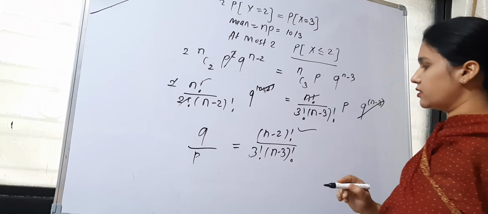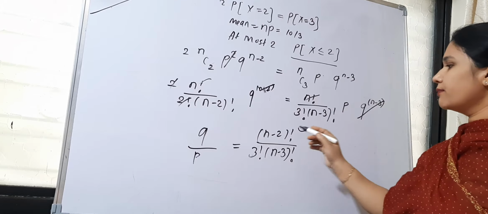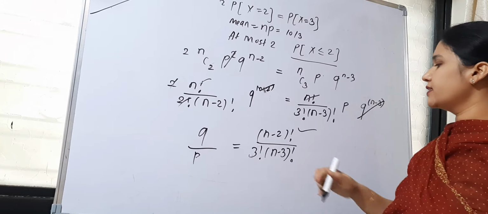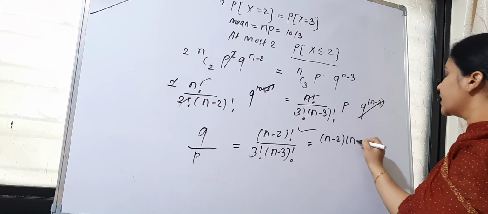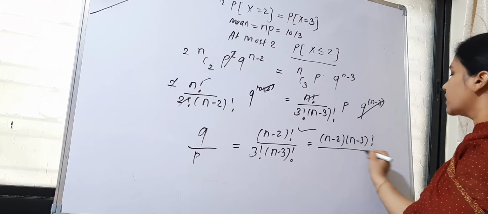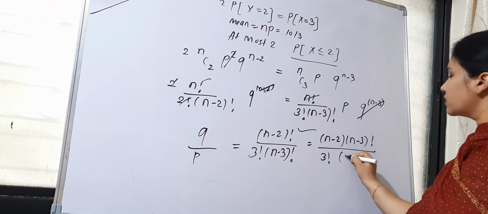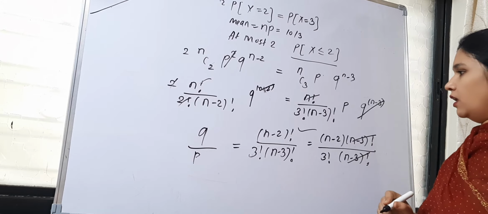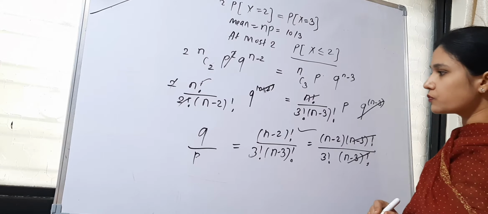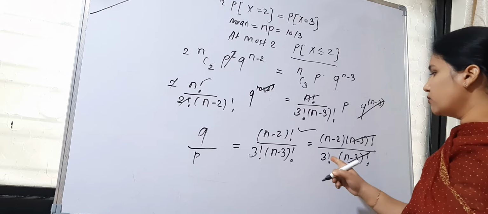Again this value is larger. So n minus 2 factorial can be written as n minus 2 into n minus 3 factorial, divided by 3 factorial n minus 3 factorial. This and this get cancelled. So q by p is equal to this.